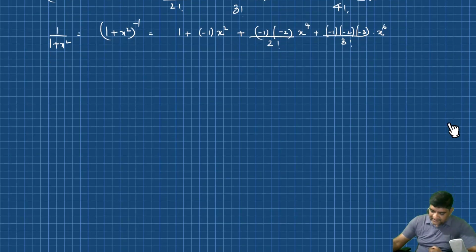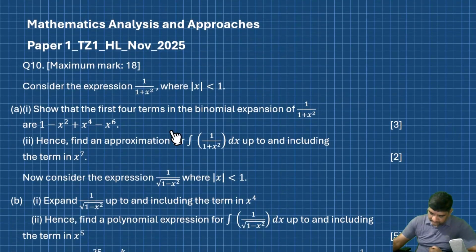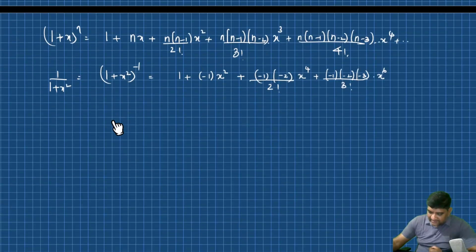I want to see if I need to stop it there. Yes, he wants us to stop it there. First 4 terms is all he wants, and I have the first 4 terms: 1, 2, 3, 4.